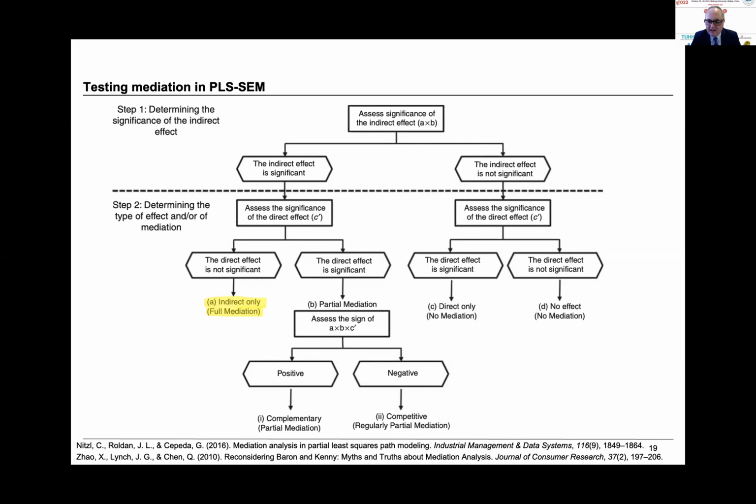If the result is positive, we have a complementary partial mediation. The direct and indirect effects present the same sign in this case. But if the product is negative, we obtain a competitive partial mediation. In this situation, the direct and the indirect effects have different signs. In case the indirect effect is not significant, we don't have any mediation. So in this case, the options are only direct effect and no effect.